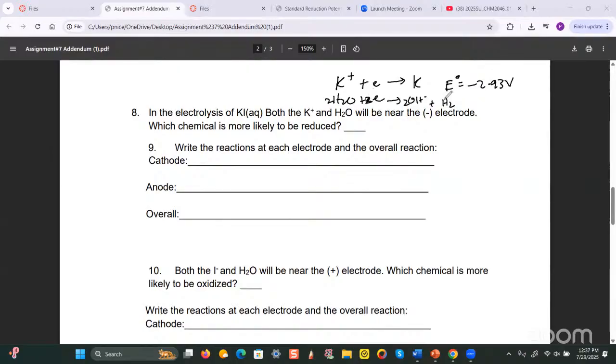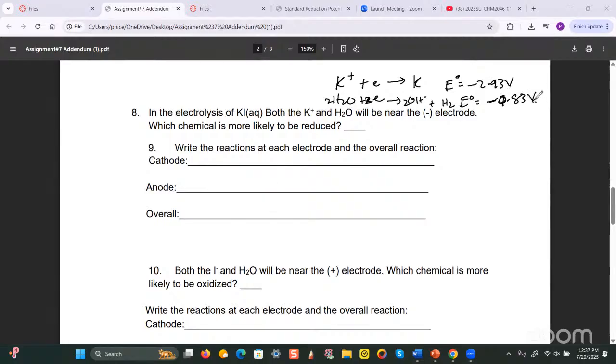And the standard EMF value, I don't want to look for it again. Can somebody remind me what the value is? We did it before. The reduction of water EMF value. Negative 0.83. Okay. Volts.